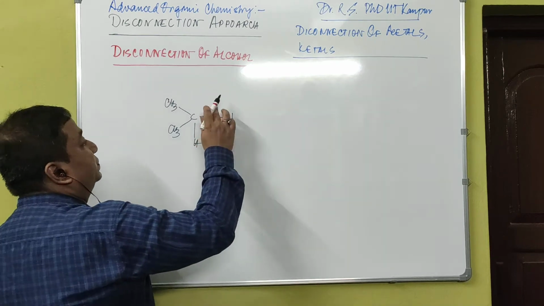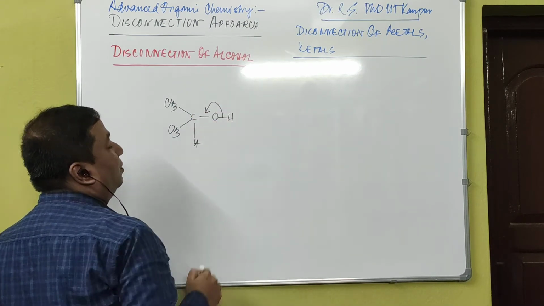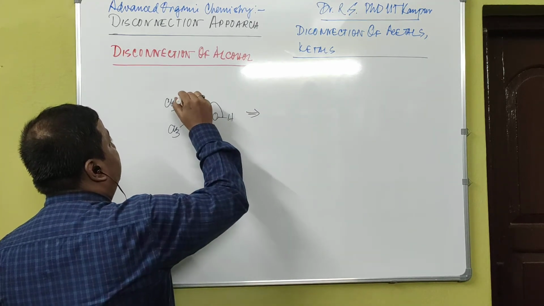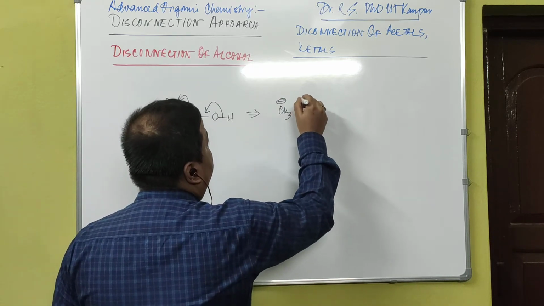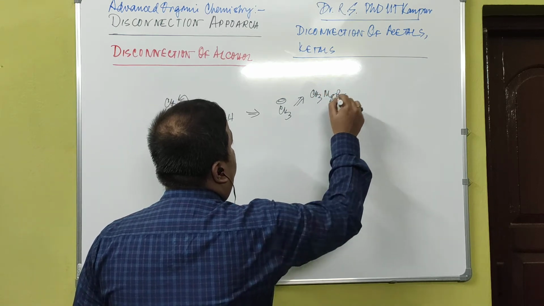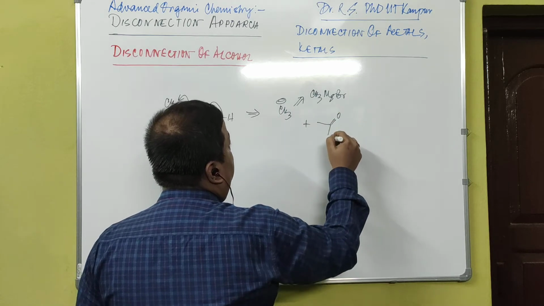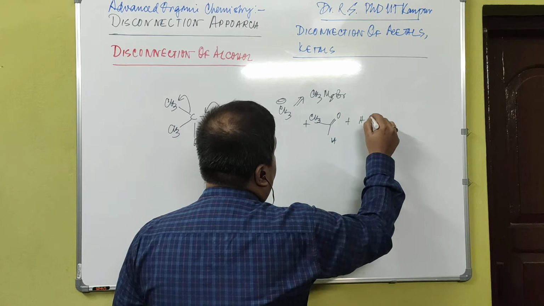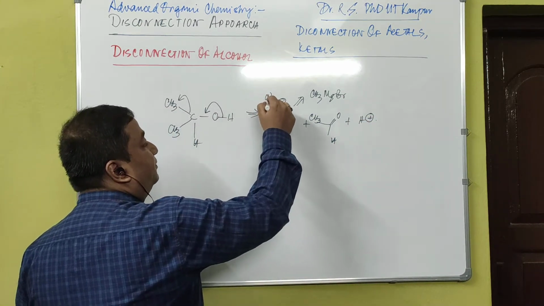Now what will I do is, if I make a C double bond O like this, one process is I will take away the alkyl away, so I get a CH3 minus. Obviously, that is the synthon. Then we have CH3 MgBr, the reagent for it, and CH3CHO, easily available in the lab.